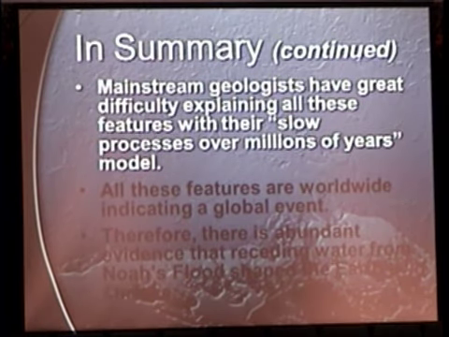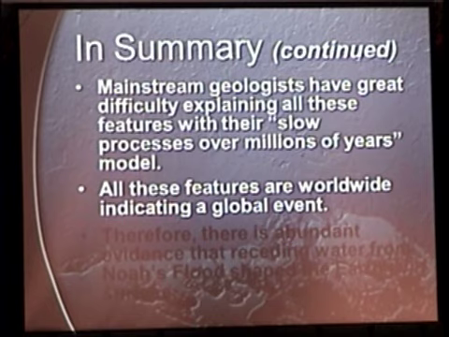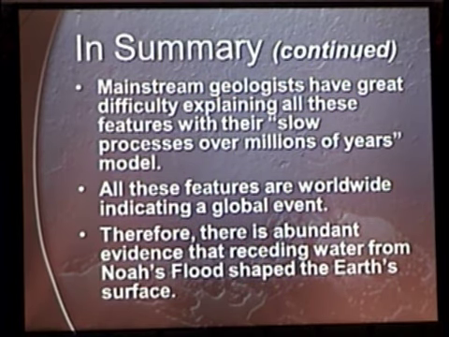Mainstream geologists have great difficulty explaining all these features with their slow processes over millions of years model. All these features are worldwide, indicating a global flood. A global flood, not a local flood. Therefore, there is abundant evidence that receding water from Noah's flood shaped the Earth's surface.